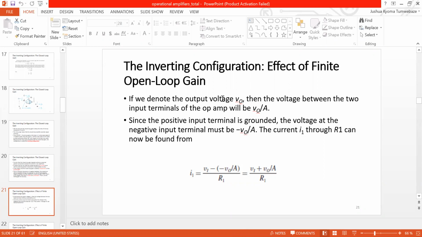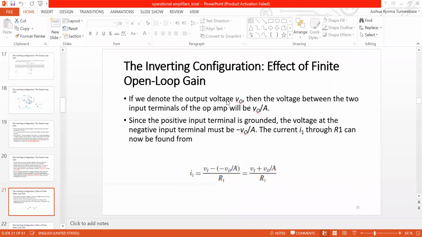It will have an open loop gain which is large, maybe 100,000 volts per volt, and so on, but not infinite. So how does this affect the closed loop gain?